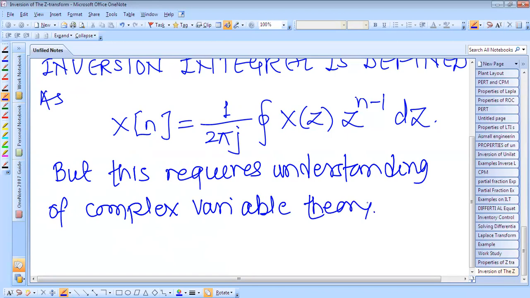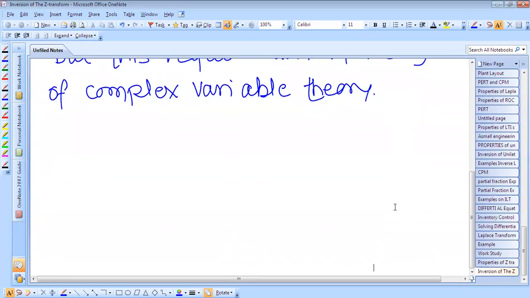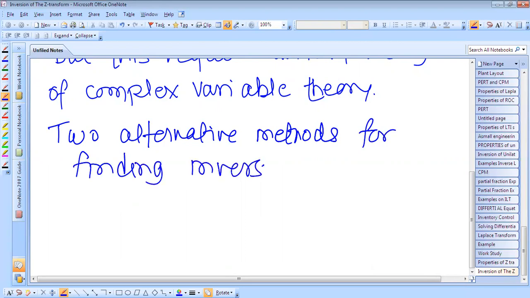So the two alternatives are there for finding the inversion of the Z transform.